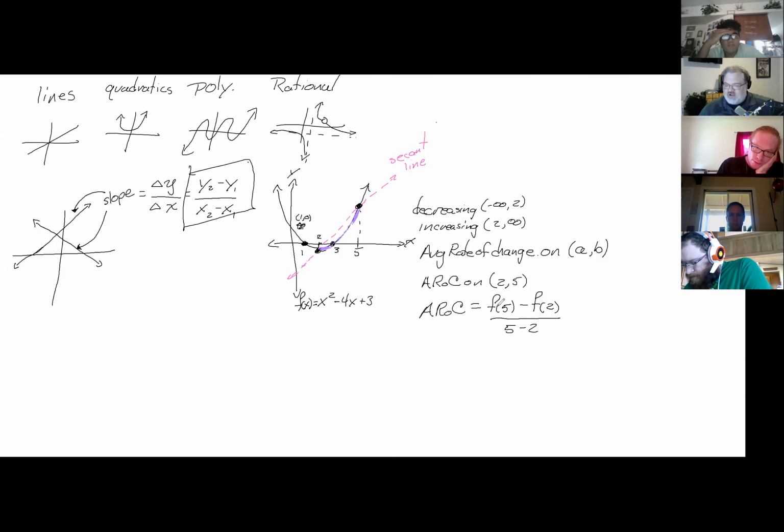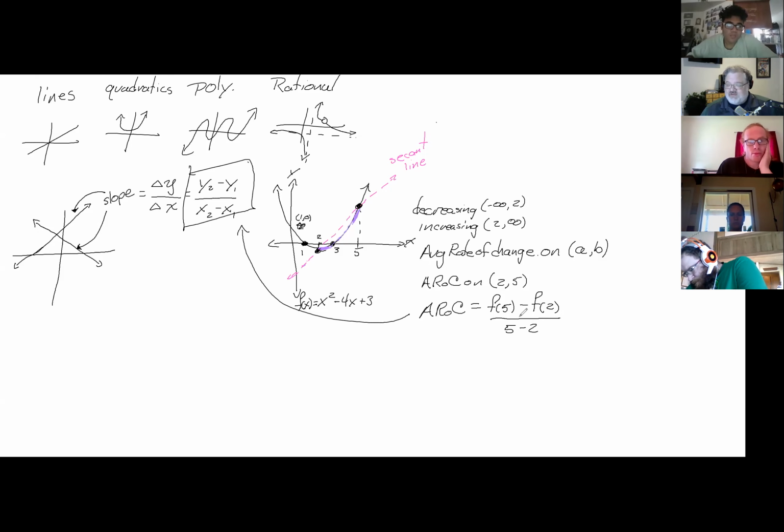This average rate of change formula, f at 5 minus f of 2 over 5 minus 2, is specific to those points. But this formula should look exactly the same as that slope formula. And of course, it should look like it's the same because it is. This is exactly the form for a slope of a line.